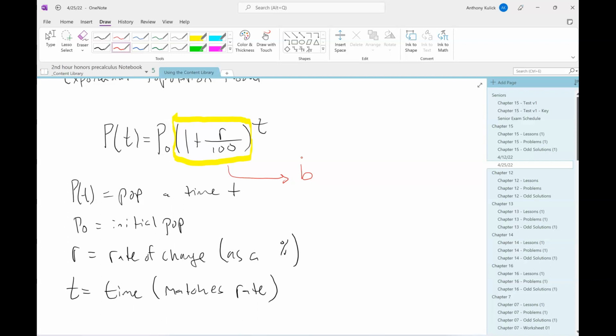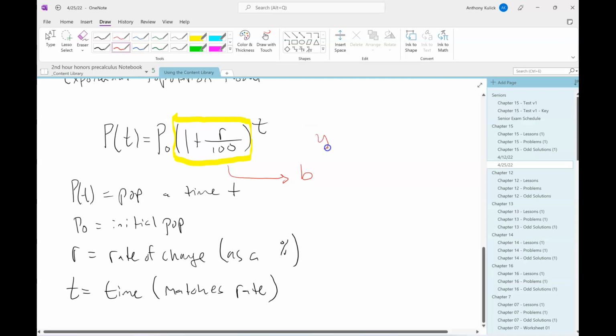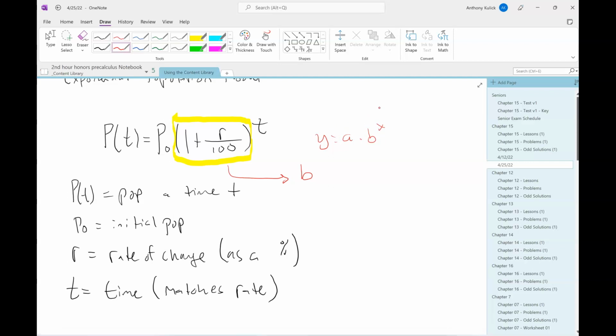That 1 plus r over 100 is like our b, right? Everybody kind of sees that? So that piece is going to tell us whether the exponential function we're dealing with is growth or decay, right? The 1 plus r over 100 part.